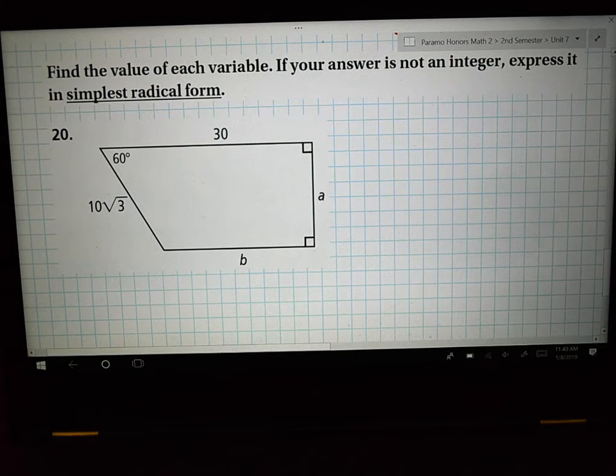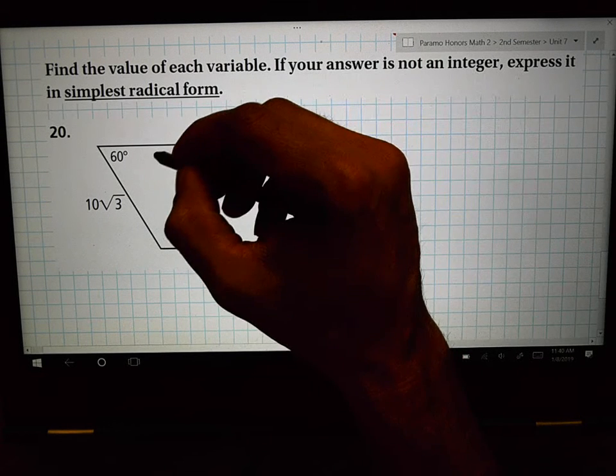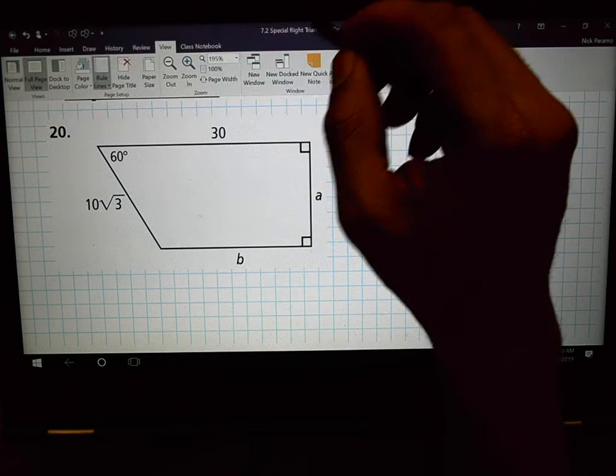Number 20. Find the value of each variable. If your answer is not an integer, express it in simplest radical form. What you should be doing in a problem like number 20 is we could probably draw something here that would help us.